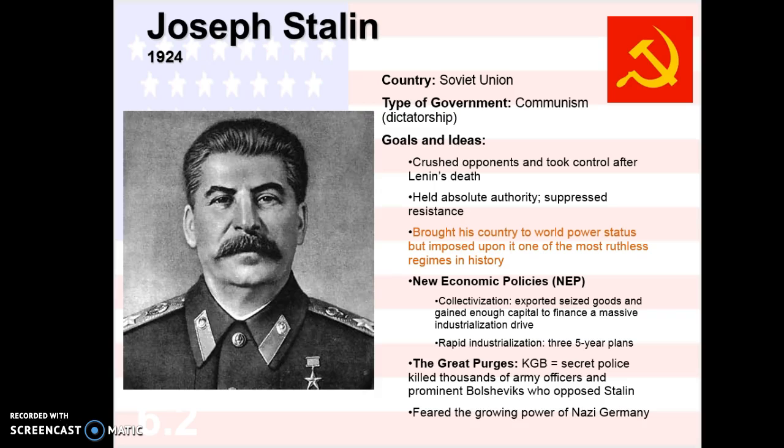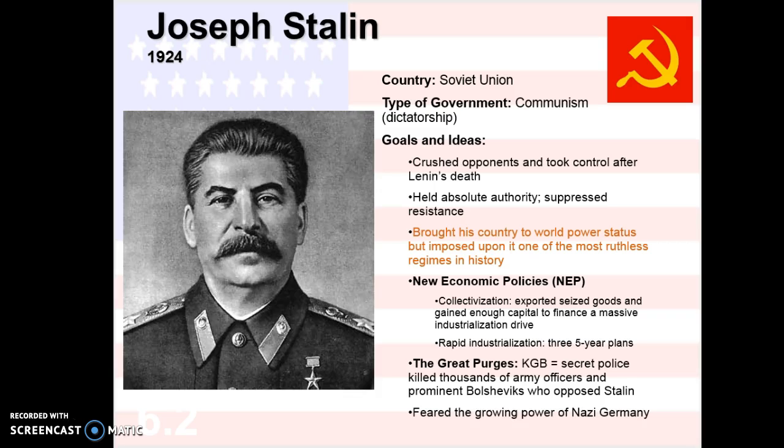Other things with Stalin, besides this nice little mustache he has there: he crushed his opponents and took control after Vladimir Lenin died. He brought his country to world power through forceful means. He was against all opposition. He took out political enemies, and not just political enemies, but artists and also people who were smart.